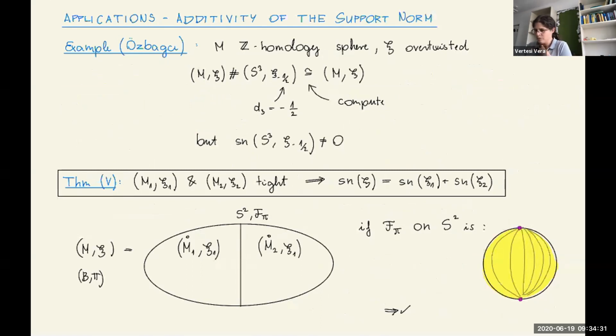Then the support norm is automatically additive. If I had an open book here, I can construct an open book for each part, M1 and M2, and the boundary connected sum of the pages gives you the original page. So the support norm would be super additive as well, and you would be done.